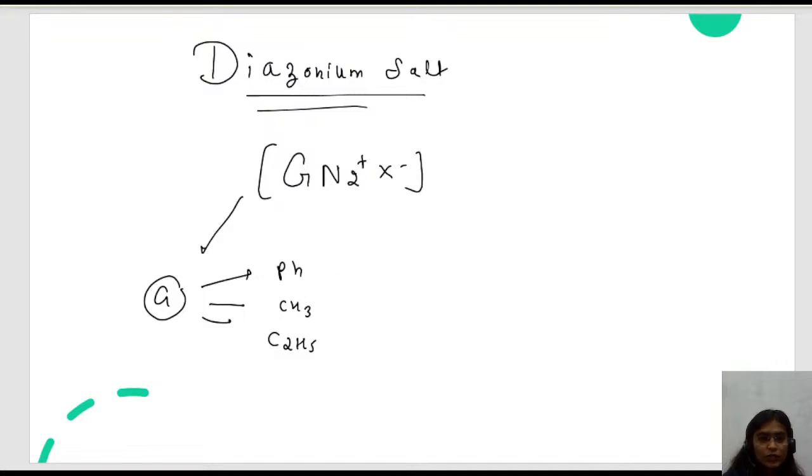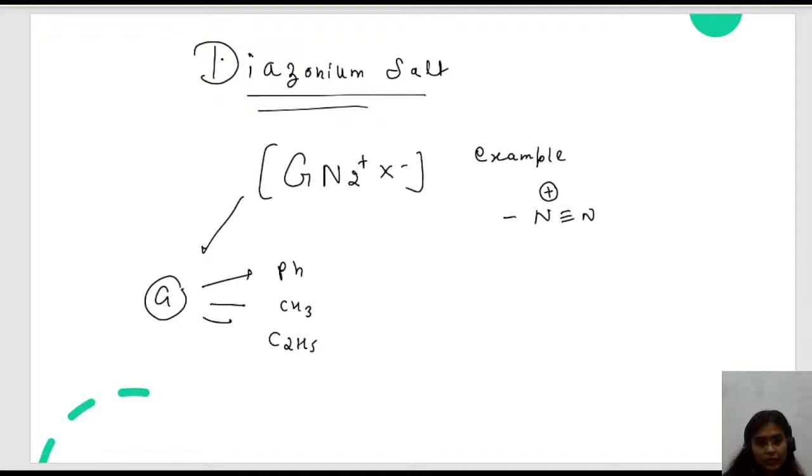Next, the example part. In the example, a triple bond nitrogen has to be there, positively charged. This combination makes it the diazonium part.